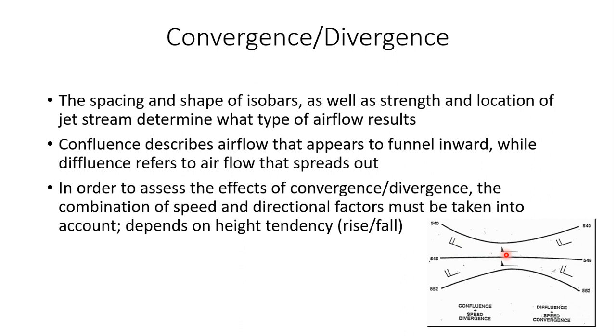So what do you think is going to happen there? At this point between the wind barb sets, I'm going to have speed divergence because I have 50 knots of wind moving away from this particular location, and I only have 20 knots of wind coming in to replace it. So that's speed divergence. What happens on the other side here?